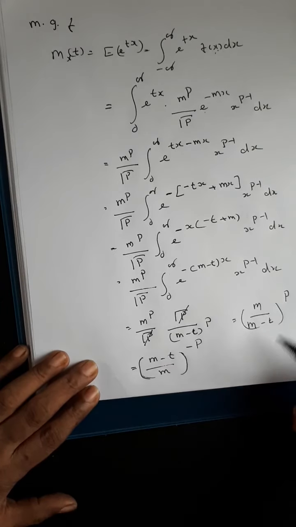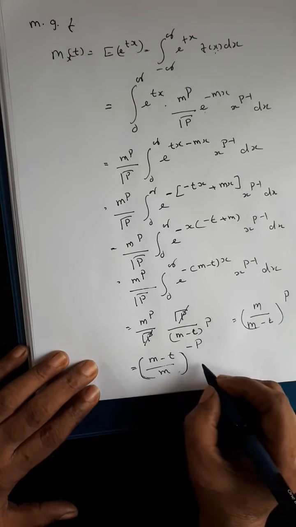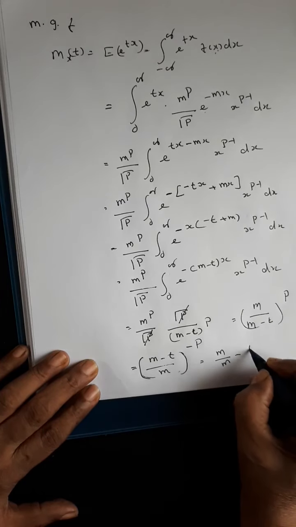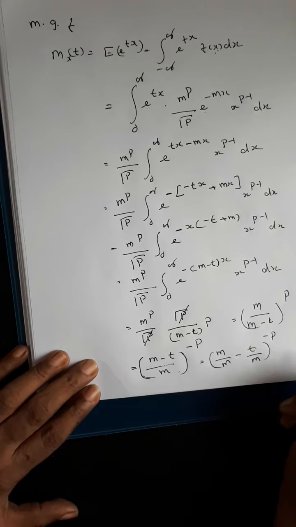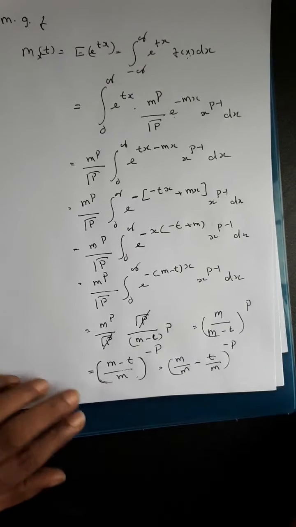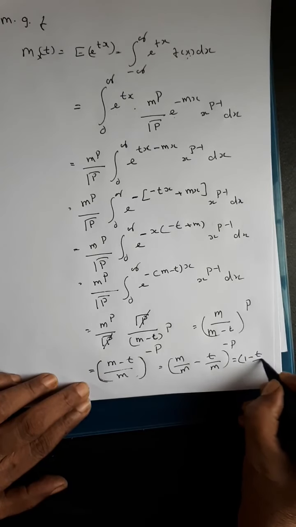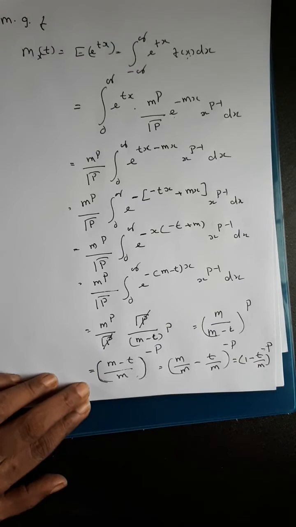When we are taking the reciprocal, we can rewrite the expression like this: m by m minus t, by m raised to minus p. That is equal to 1 minus t by m raised to minus p.